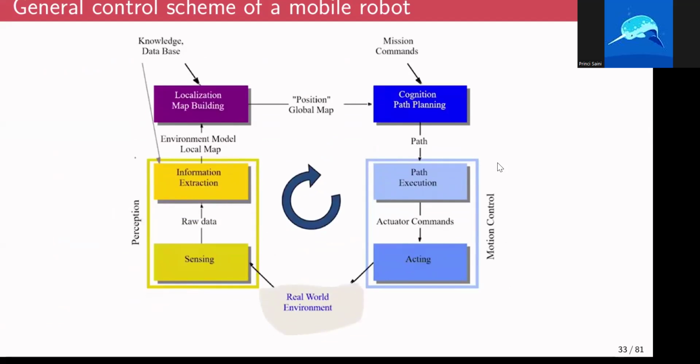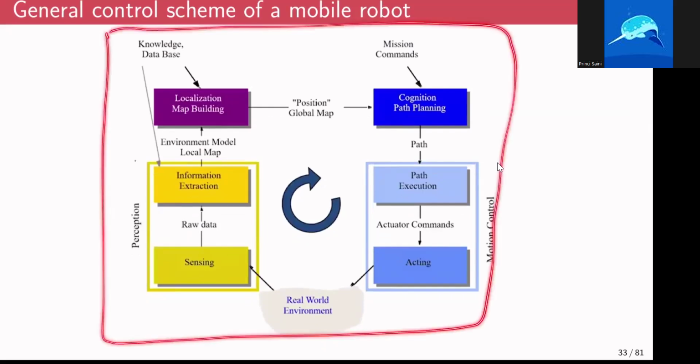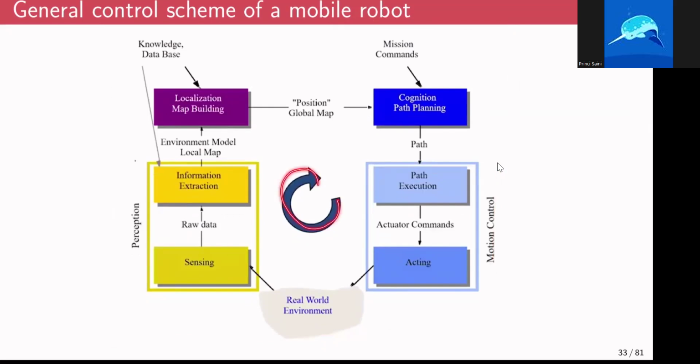So a typical flow chart or a control scheme of a mobile robot can be described by this diagram. This is actually a continuous loop so long as the mobile robot is under operation. This loop is continuously executed. If you begin from the real world environment, the first stage of a mobile robot is to perceive the real world environment.